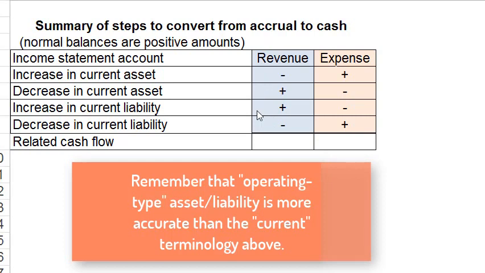So we can do another simple example. If a company starts off a year, a brand new company with a zero balance in unearned revenue, and they get paid $50,000 in advance from a customer, and they only earn $20,000 of that during the year, their income statement would show $20,000 worth of revenue.